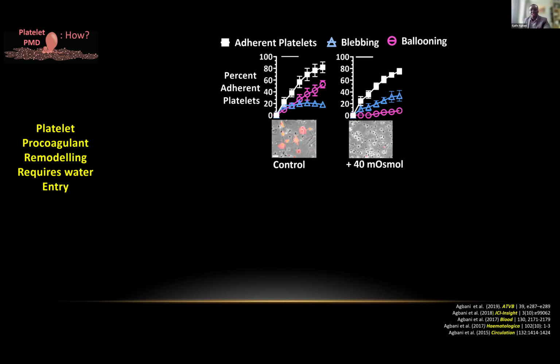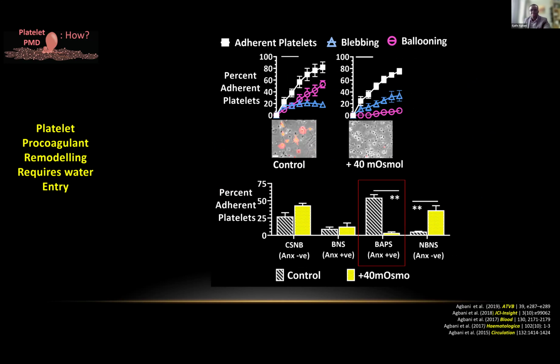And we demonstrated this in experiments where we challenged platelets with hyperosmolar conditions. Immediately, we noticed that, again, under this condition, the formation of ballooned and procoagulant spread platelets was significantly attenuated.